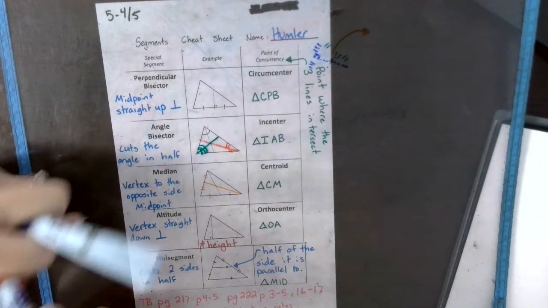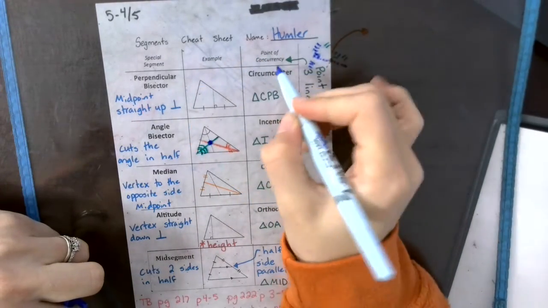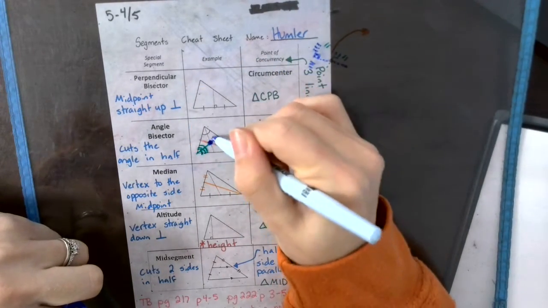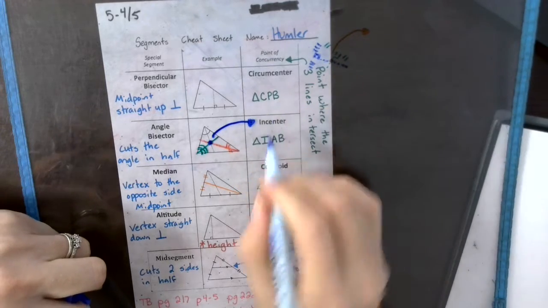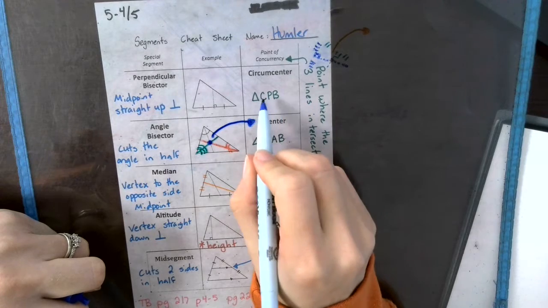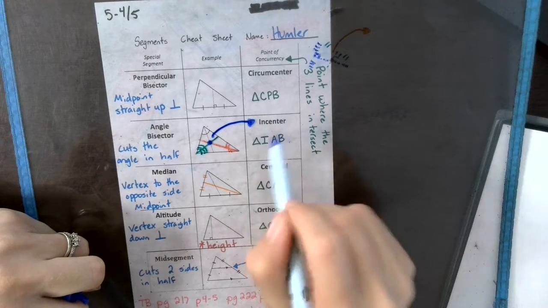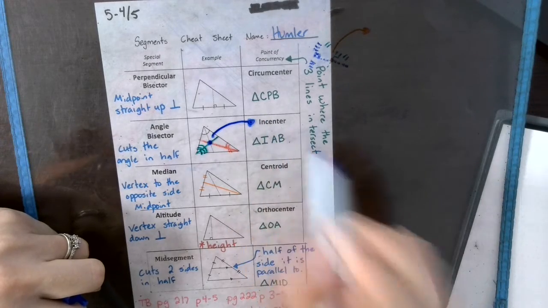This point where all 3 lines intersect is the point of concurrency, which is called the incenter. So for angle bisector, it's incenter. For a perpendicular bisector, it's circumcenter.